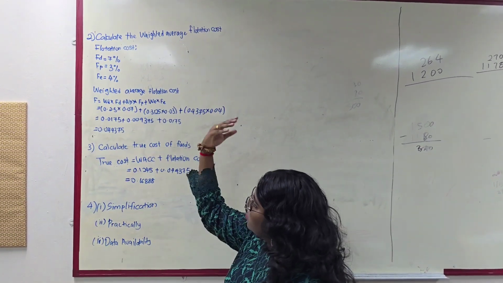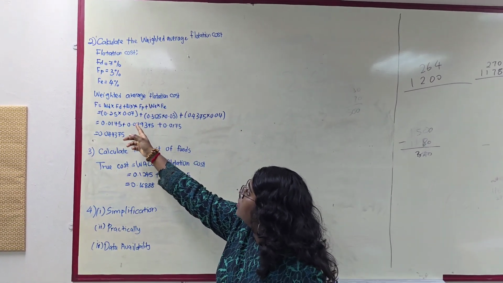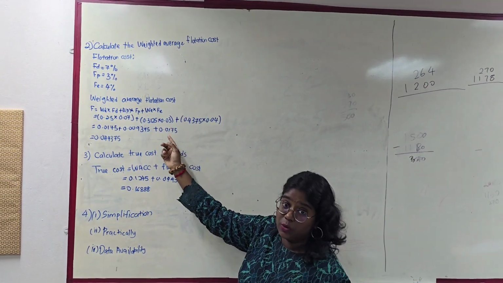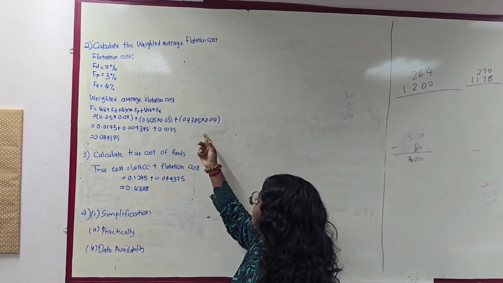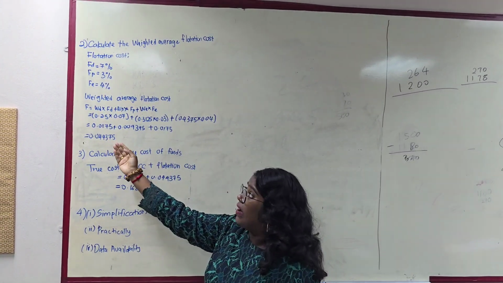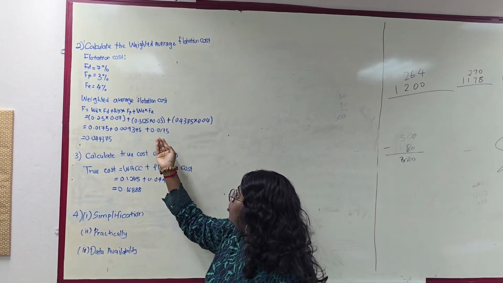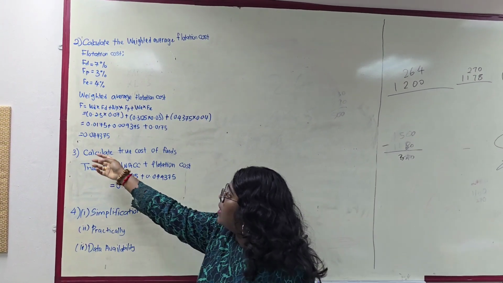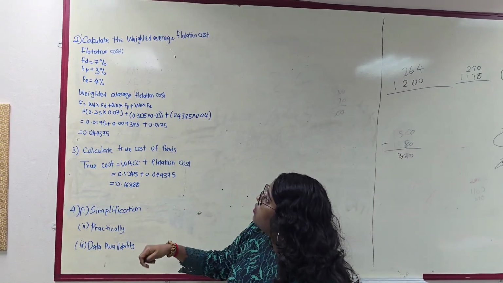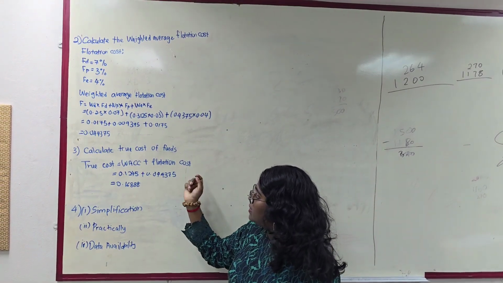Using the previous calculation, 0.25 times 0.07 plus 0.3125 times 0.03 plus 0.4375 times 0.04 equals 0.0175 plus 0.009375 plus 0.0175 equals 0.044375.